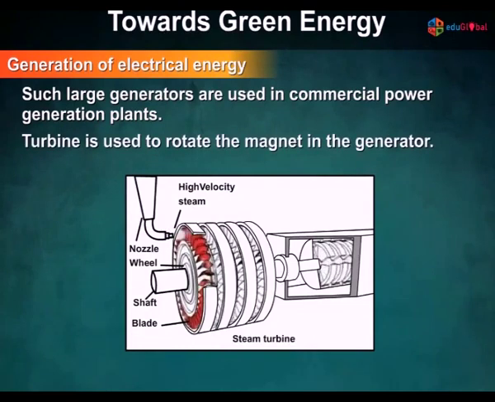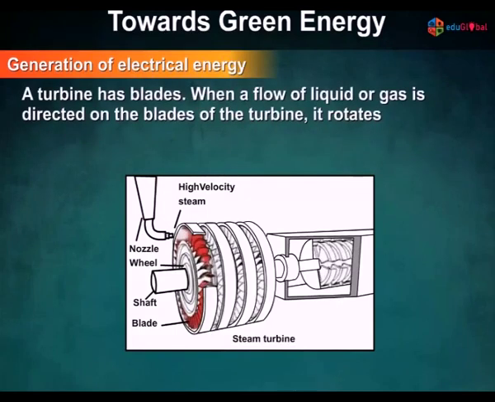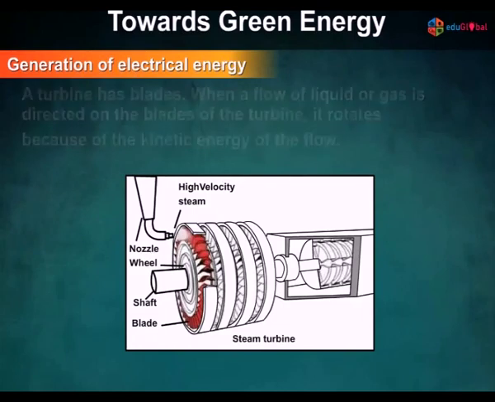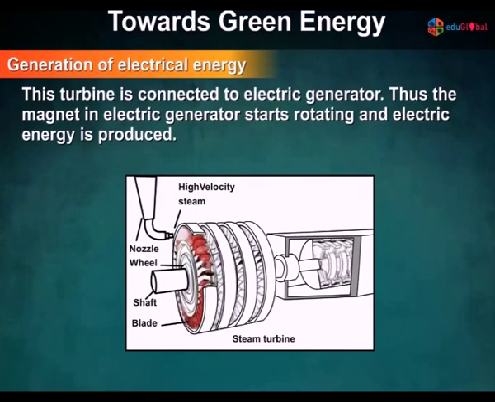A turbine is used to rotate the magnet in the generator. A turbine has blades. When a flow of liquid or gas is directed on the blades of the turbine, it rotates because of the kinetic energy of the flow. See figure. This turbine is connected to the electric generator.